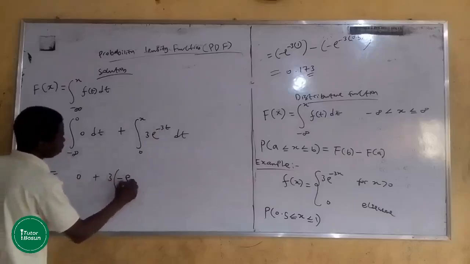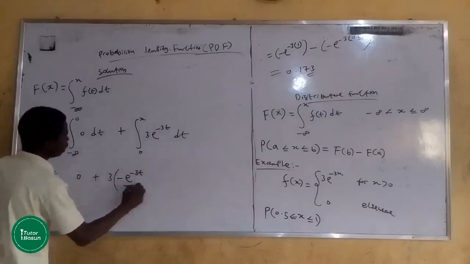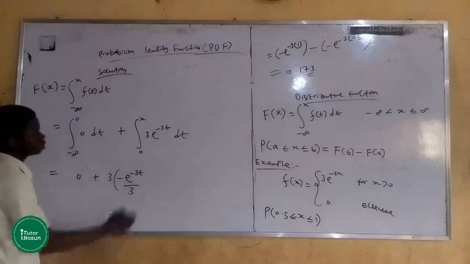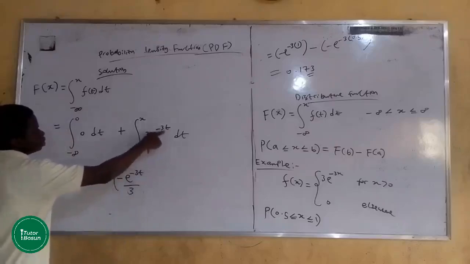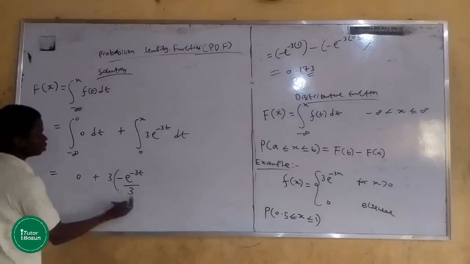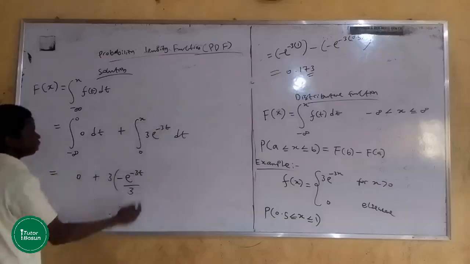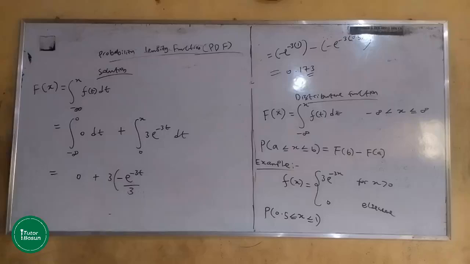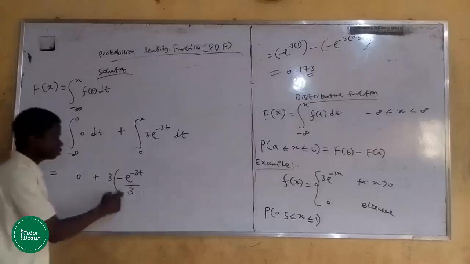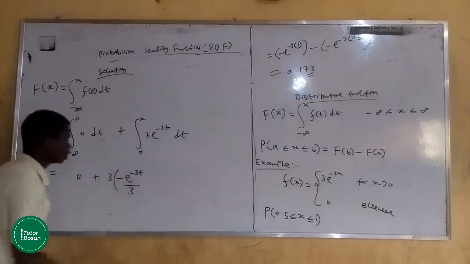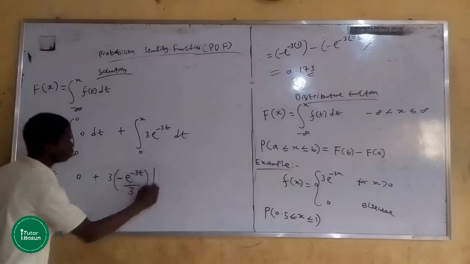So we have minus exponential minus 3t over 3. I already told us how we arrive at that. You differentiate the index, which gives you minus 3, and you divide by it. The minus can come to this side, and it becomes minus exponential minus 3t over 3, and we introduce the boundary condition from 0 to x.